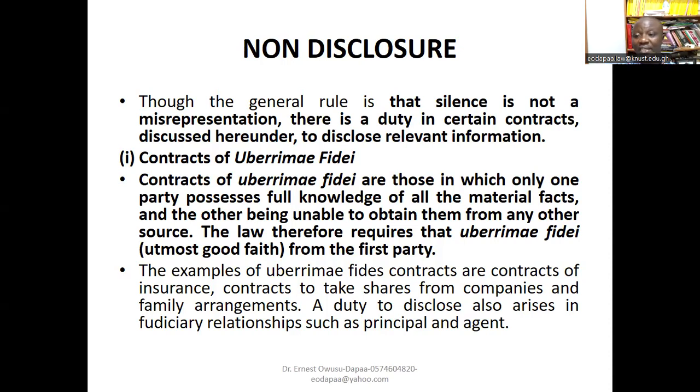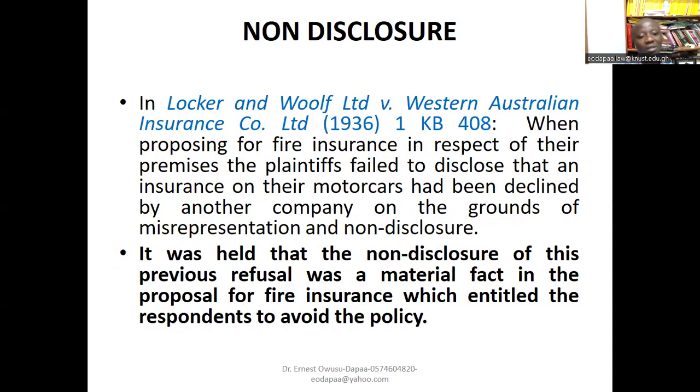Between the principal and agent too, the agent has an obligation to disclose everything to the principal. So there are a number of instances where non-disclosure will give rise to misrepresentation. We just mentioned the cases and then you have to read them.